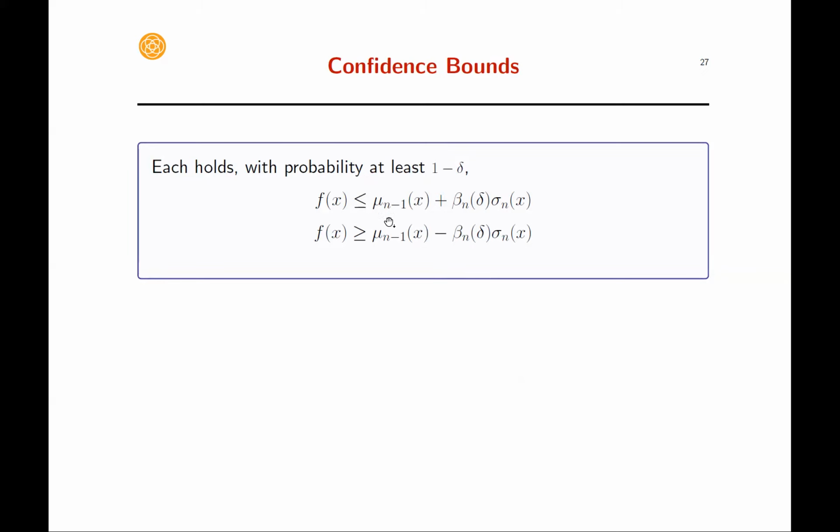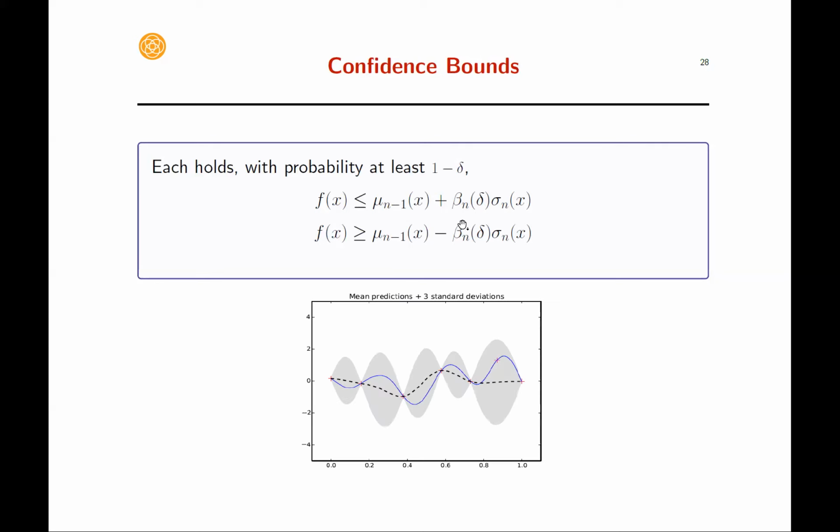As we said, the kernel-based model gives us confidence bounds. In terms of regression, this is mu_n(x), the posterior mean of the GP model or the kernel ridge regression, plus or minus some coefficient beta_n, which I'll come back to, multiplied by the standard deviation. It's basically like saying the value of a Gaussian is most likely within the mean plus or minus 3 standard deviations.